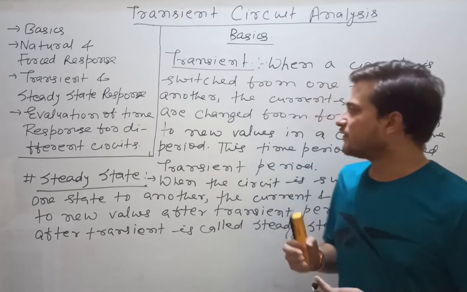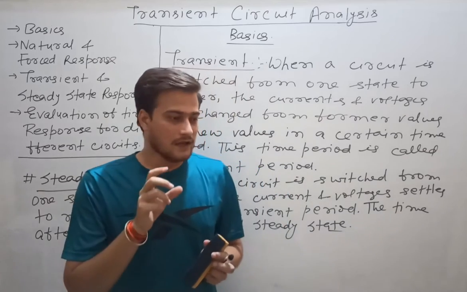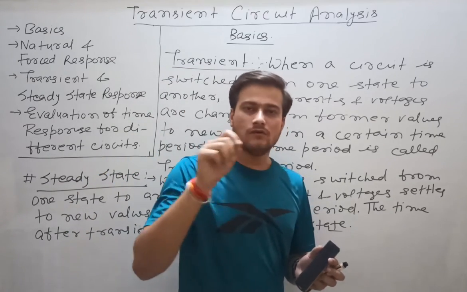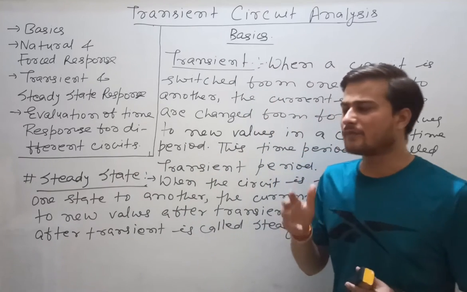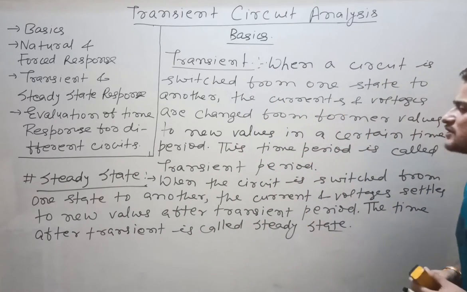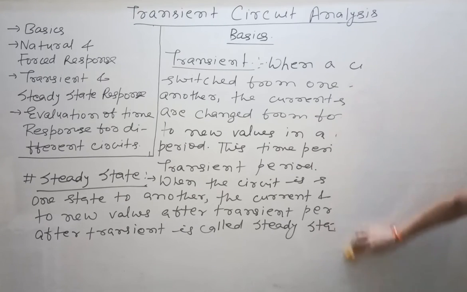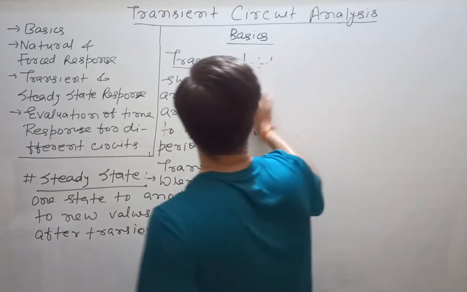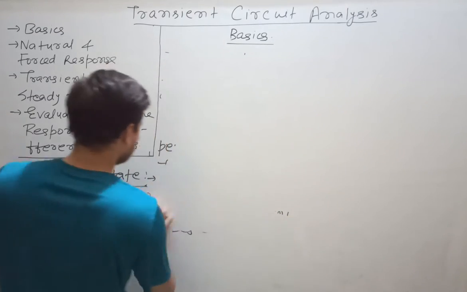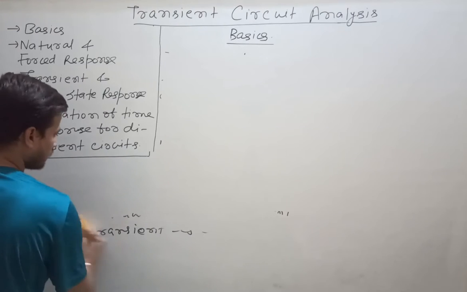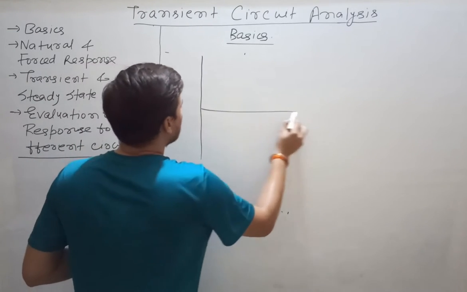Clear? So if there is some sudden change in the circuit, then you will see that it takes some time to settle to new values. So this time period is called the transient state, and after transient the next state is called steady state. Clear? So in steady state the value is constant, and in transient state the values are changing. That means, suppose you are having a waveform like this one.